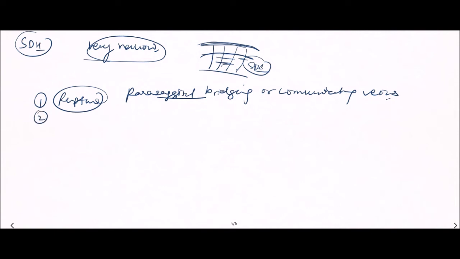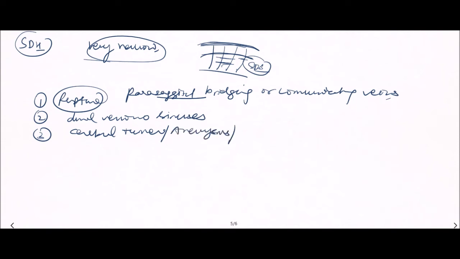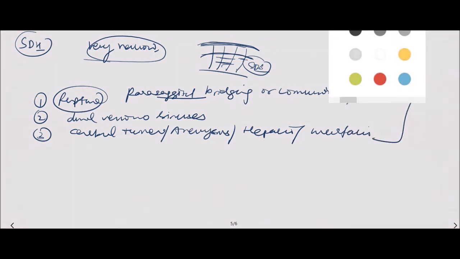The second cause can be rupture of the dural venous sinuses. The third cause is cerebral trauma or tumor, and it can be seen in case of aneurysm, or in patients on heparin or warfarin therapy. So these are the various causes of subdural hemorrhage.